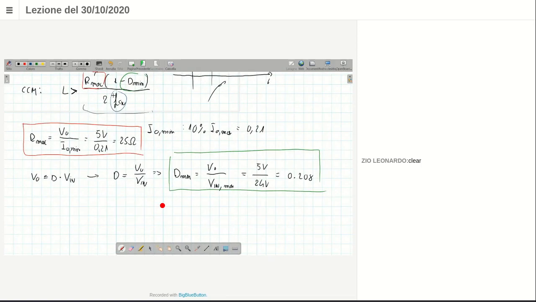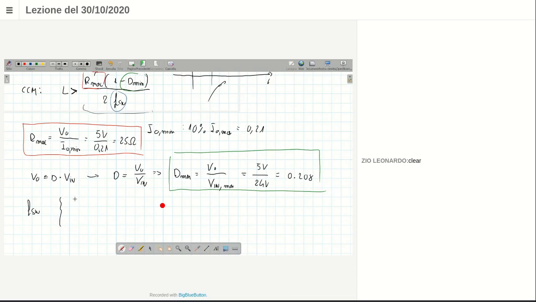Now the last thing that we need to know in this expression is the switching frequency. Well, actually, the switching frequency is a choice of the designer. The choice of the switching frequency is dictated by several design considerations.